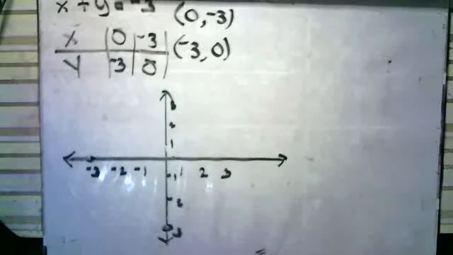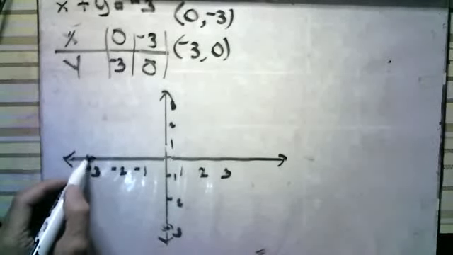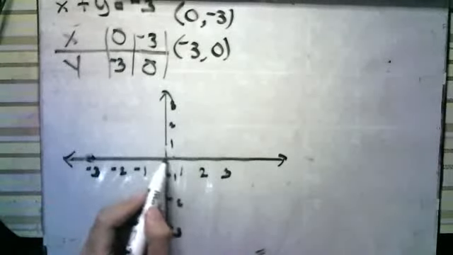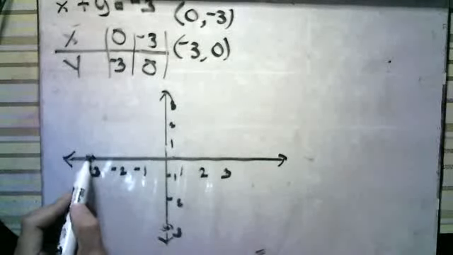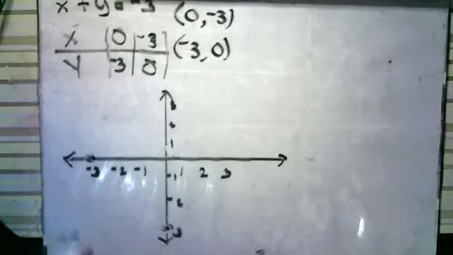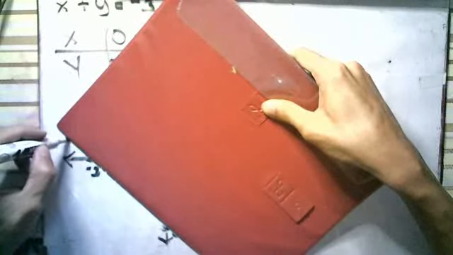Then, let's now connect the dots. So, ito yung 0, -3, and ito yung -3, 0. Hindi na ako umangat kasi 0 nga eh. No? Connect the dots. That will be your line.